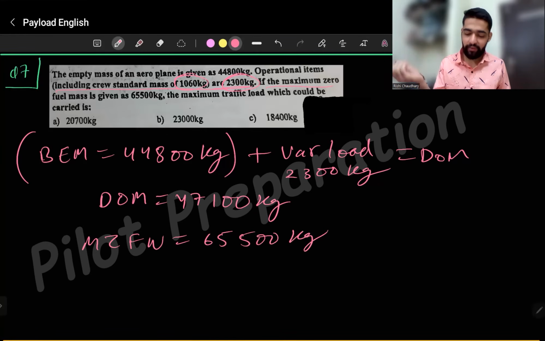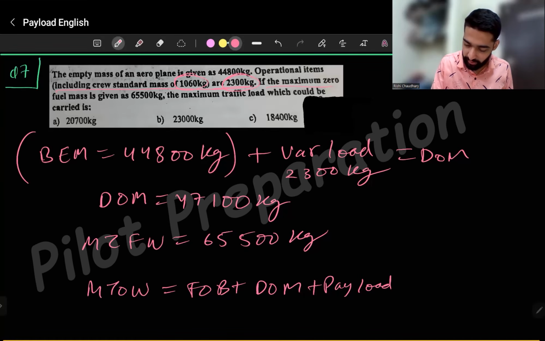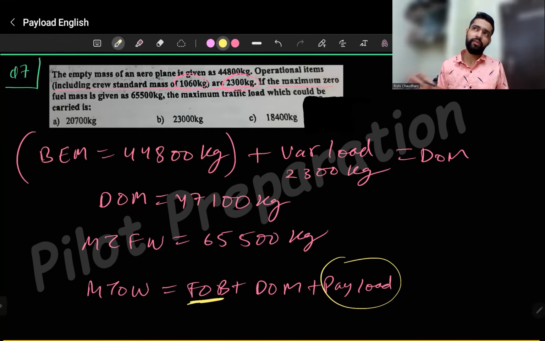The maximum traffic load will be how much? For traffic load, what is the formula? That is MTOW equals FOB plus DOM plus payload. I need to find out payload, correct? But I don't have FOB here. Have I been given FOB anywhere? I'm not given FOB, but I don't need to worry about FOB because I'm not even given MTOW, no? I'm given MZFW.